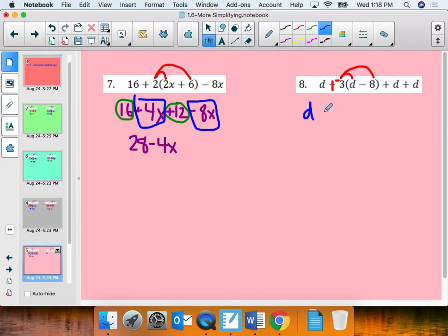Negative 3 times D is going to give us negative 3D. Negative 3 times negative 8 is going to give us plus 24. And then we have 2 more D's on the end. So plus D and plus D.